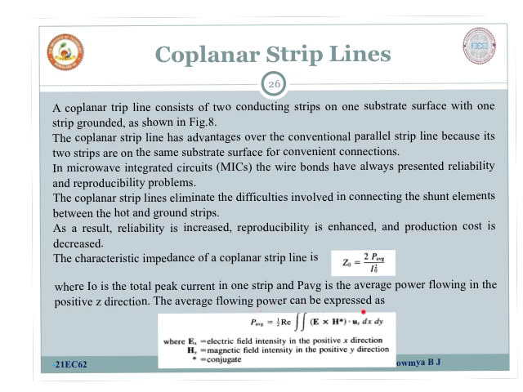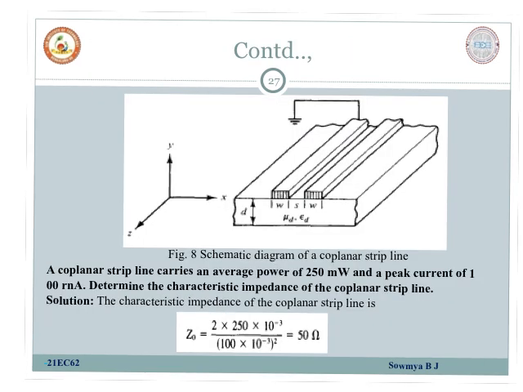Average power flow can be expressed as P average equal to 1 by 2 real of the surface integral of E cross H conjugate into uz dx dy, where Ex is the electric field intensity in the positive x direction and Hy is the magnetic field intensity in the positive y direction. This is how the coplanar strip line looks. There are two strips here, that is why we call it coplanar.